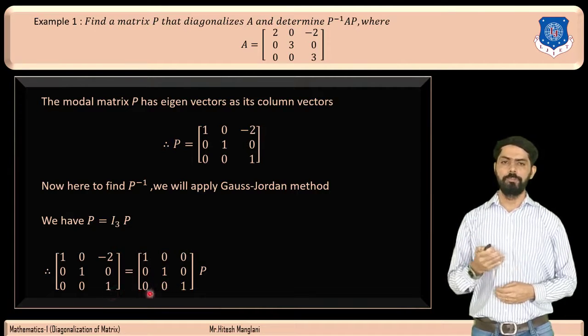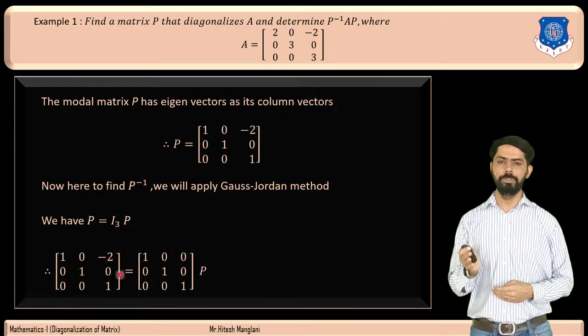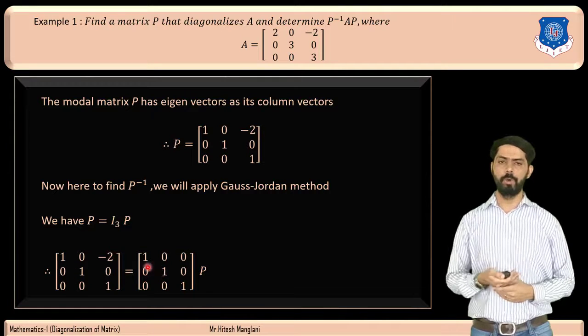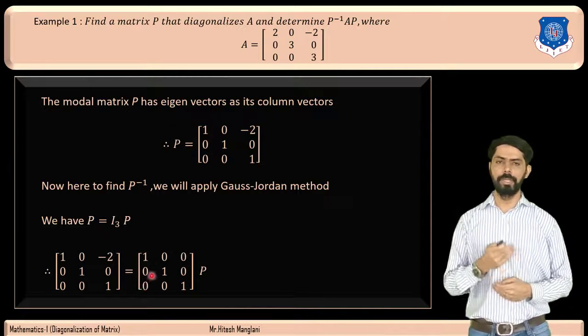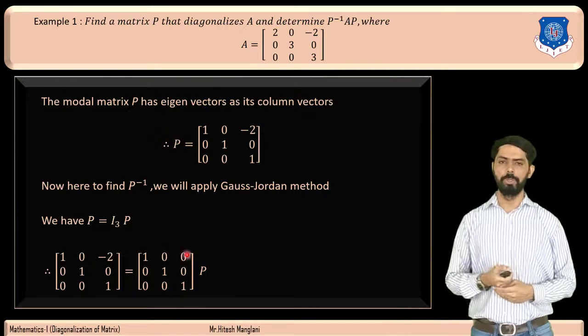So if we use this row operation, then the matrix on the left hand side will be 1 0 0, 0 1 0, 0 0 1, and if we use this row operation on the right hand side, then in the first row, 1 plus 0 will be 1, then 0 plus 0 will be 0, then 0 plus 2 will be 2.